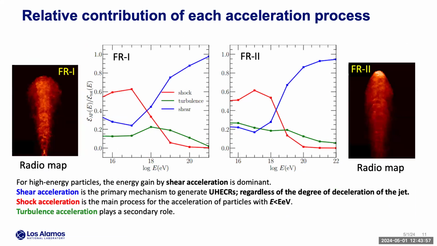Ultra high energy cosmic rays have energy above 10 to the 18. So we can easily find that the ultra high energy cosmic rays gain energy through the shear acceleration, especially shear generated at the jet and backflow boundary. So this is one of our findings.